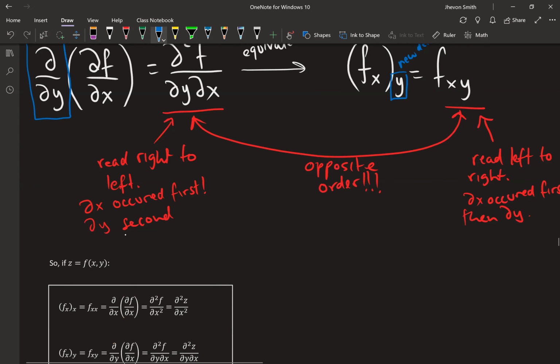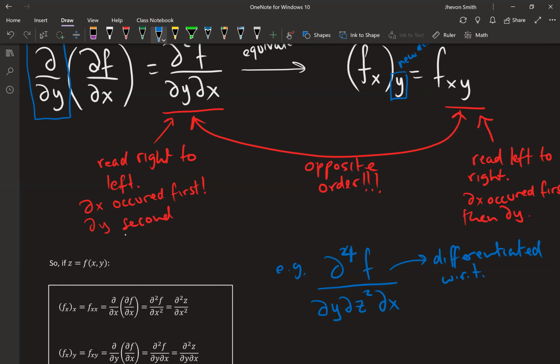Let me throw another example out here. If you saw something like d to the fourth f over dy dz squared dx, this means you differentiated with respect to who occurred first?